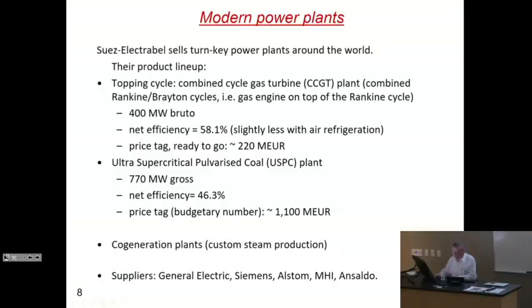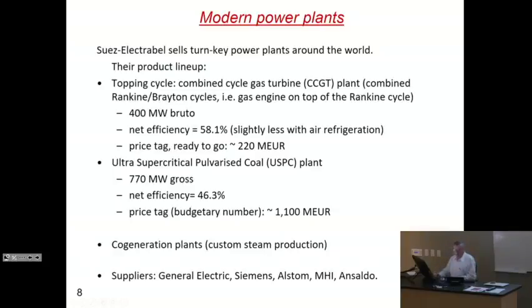Modern coal-fired plants use pulverized coal, typically very, very large plants, 770 megawatt. Their efficiency is somewhat lower, and they actually cost more.